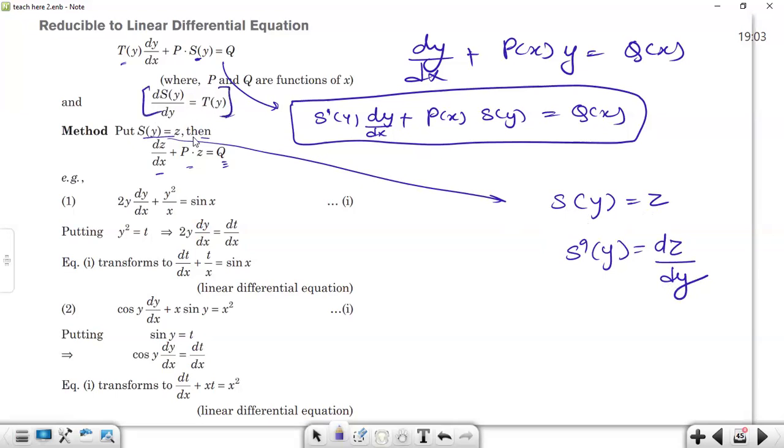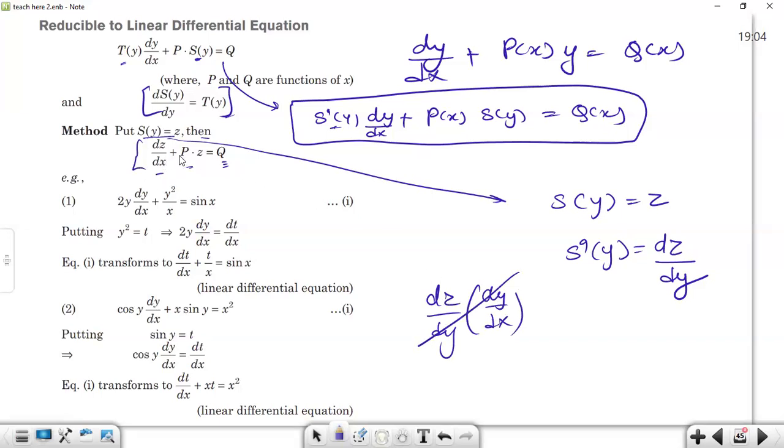Then f dash of y into dy over dx becomes dz over dy into dy over dx. So dy will cancel dy, and that's how they have written dz over dx.